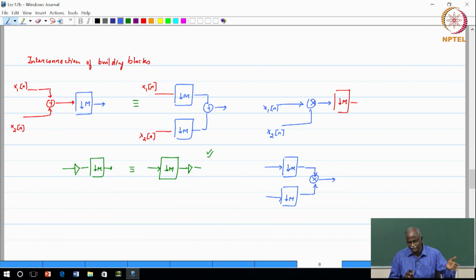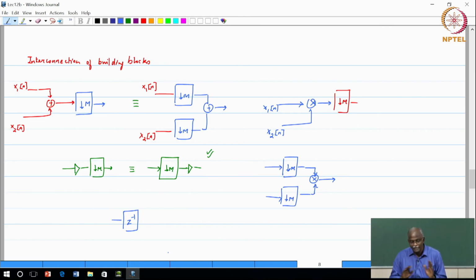That is pretty much what I wanted to leave you with: yes, these are all equivalent, but you may want to think about whether you are doing some wasteful computations, and if so, how to avoid them. Of course, you can change the downsampling to upsampling and all the results will hold. Notice that one thing we have not done is deal with the delay elements, because upsampling and downsampling are delay variant blocks.